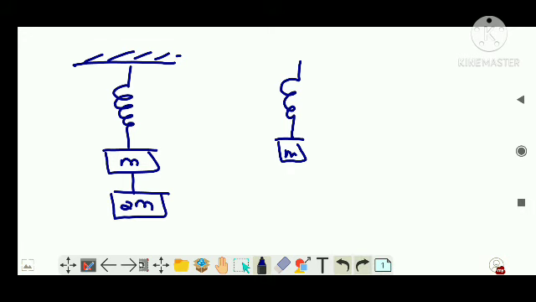So after the equilibrium is reached, we are going to cut this string. You are asked the acceleration of the blocks just after cutting the string. We are not asked after some time, just after cutting. At that moment, what will be the acceleration of the blocks? That's the question, so we have to deal with this in a proper way.